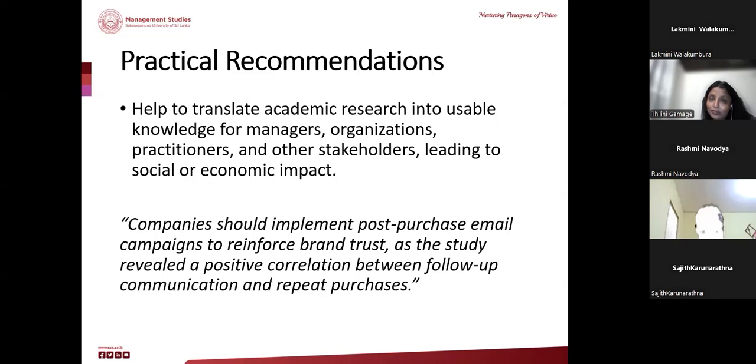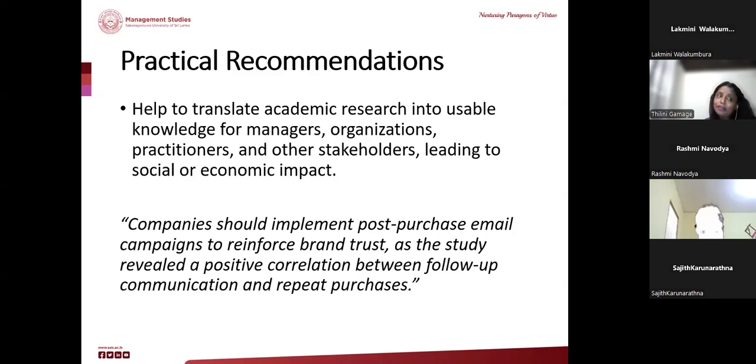Right. So now let's talk about practical recommendations. I don't think that I have to explain a lot about practical recommendations in research. The moment when you read practical recommendations, you understand what it is.